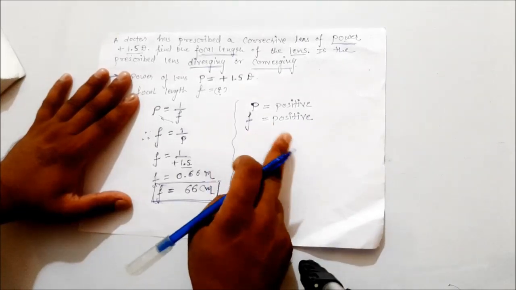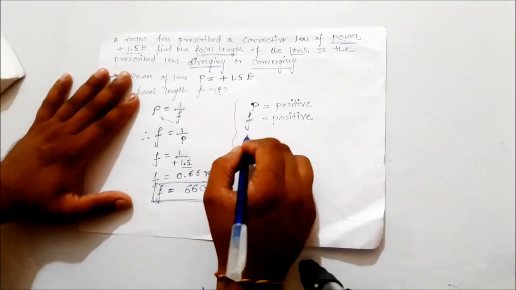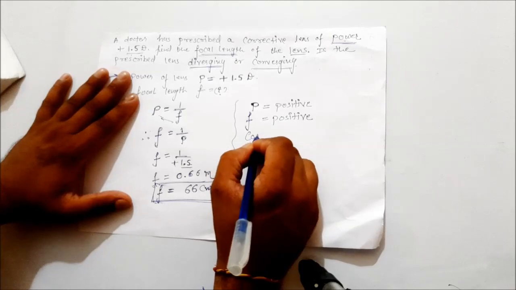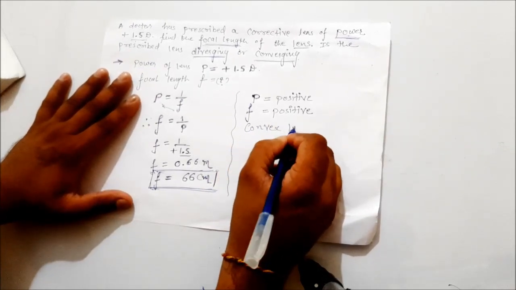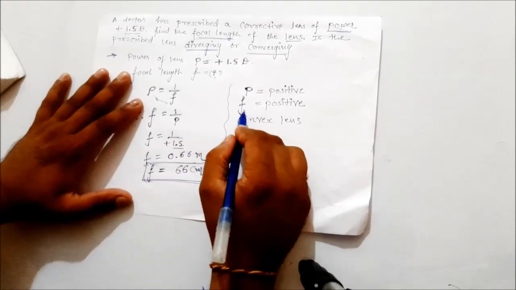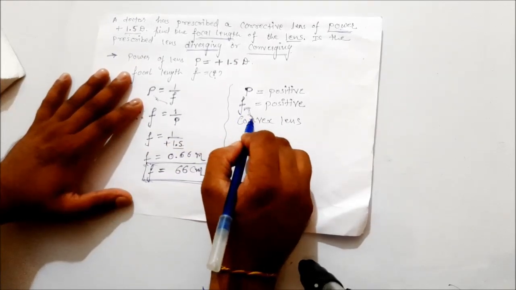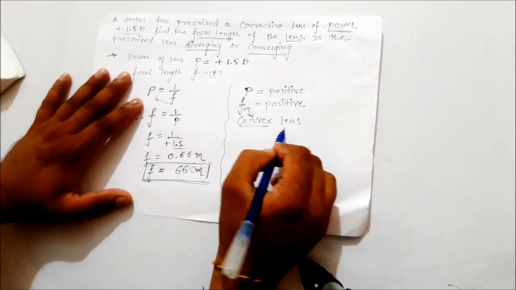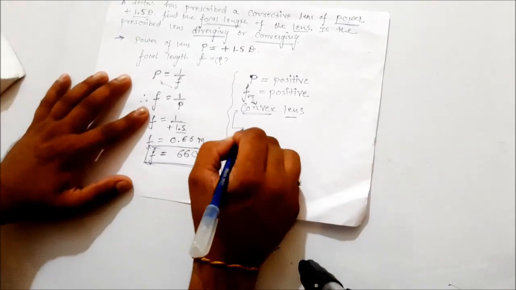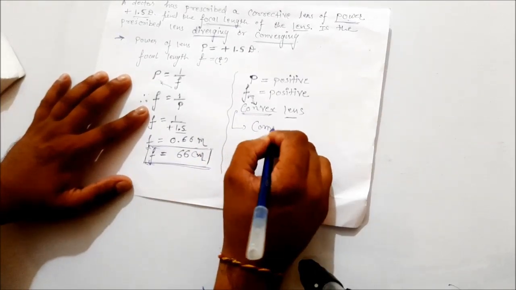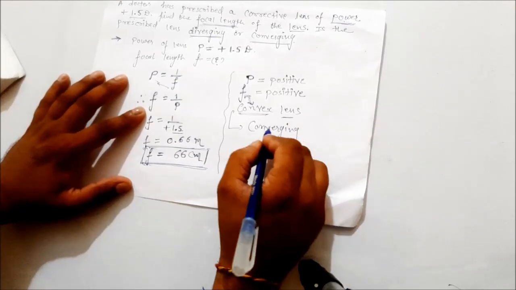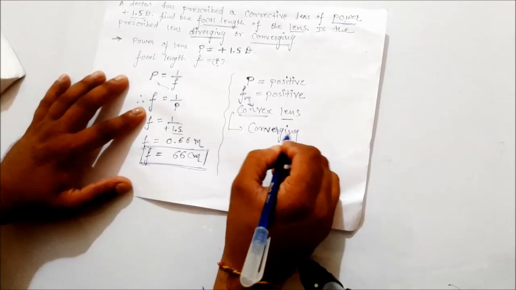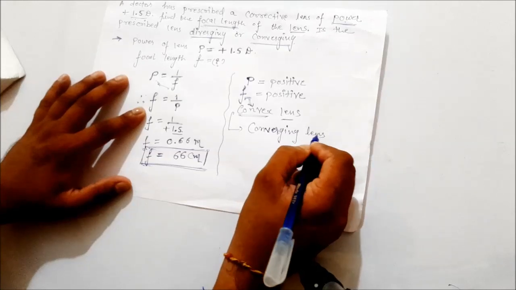And the focal length is positive only in a convex lens. Focal length is positive for a convex lens, and a convex lens is also called a converging lens, right?